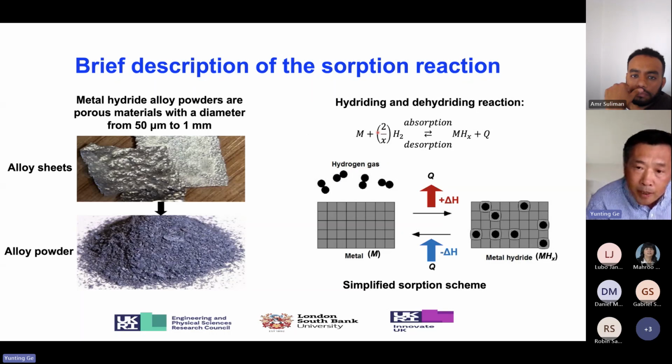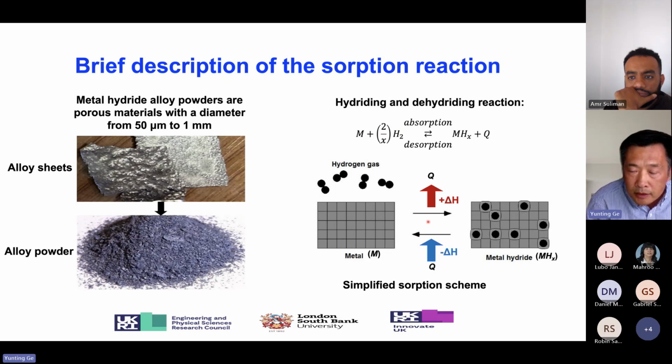Once the hydrogen reacts with the metal hydrate alloy, you can produce a metal hydrate, and in the meantime you release heat to the outside. The chemical reaction can also operate in the opposite direction. If you apply heat to the metal hydrate, the hydrogen will be released, and you can produce back the metal alloy.